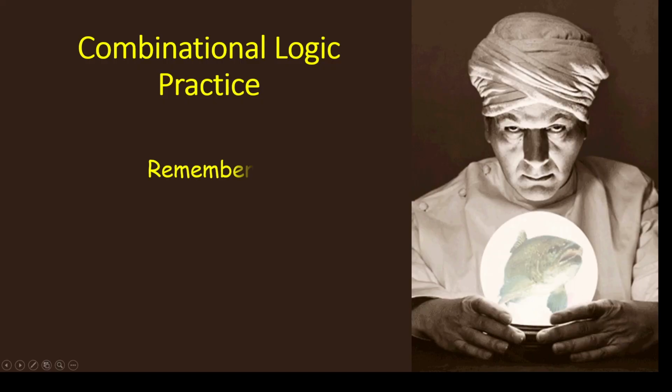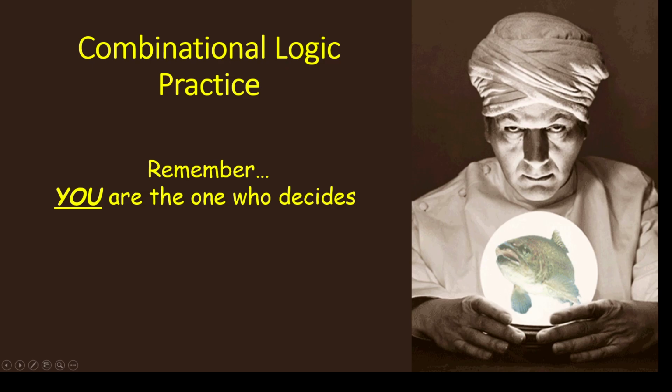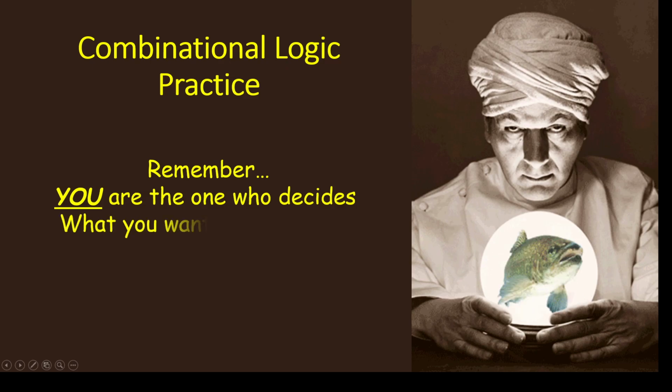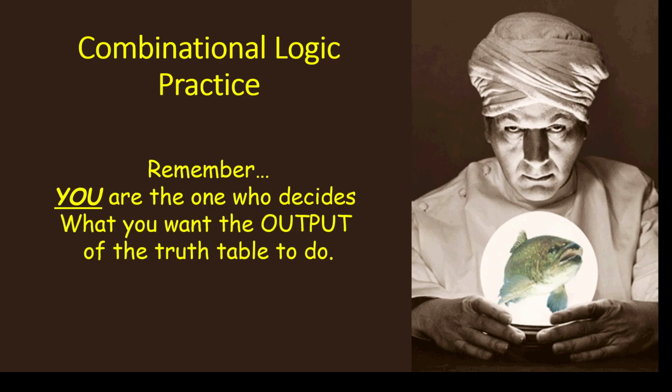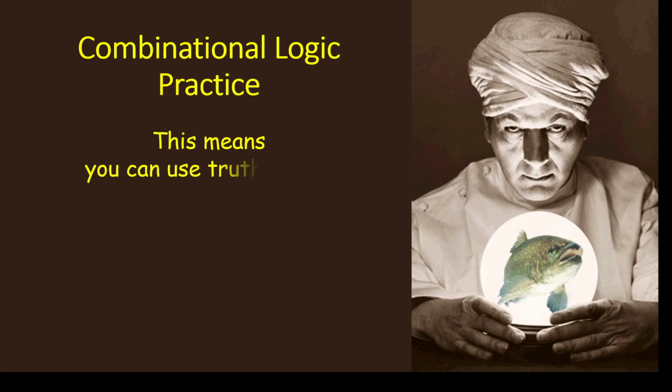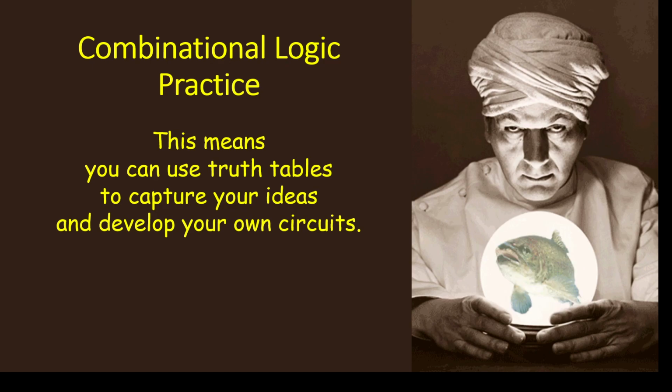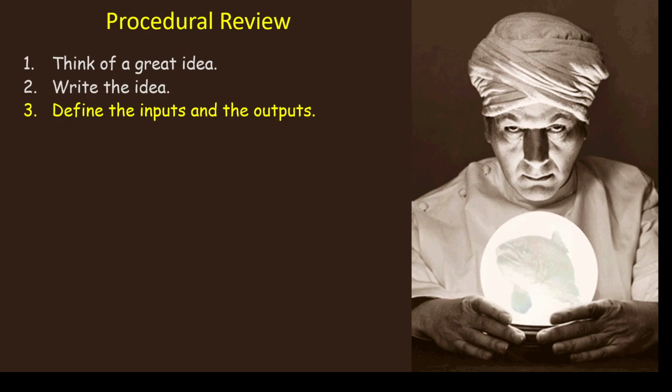So, students, remember, you are the one that decides what you want the output of the truth table to do. This means you can use truth tables to capture your ideas and develop your own circuits. So, procedural review. You're going to think of a great idea. You're going to write the idea down. You're going to define the inputs and the outputs.